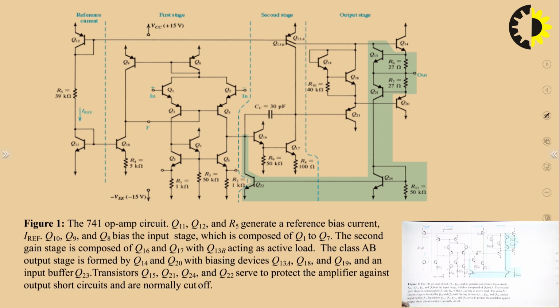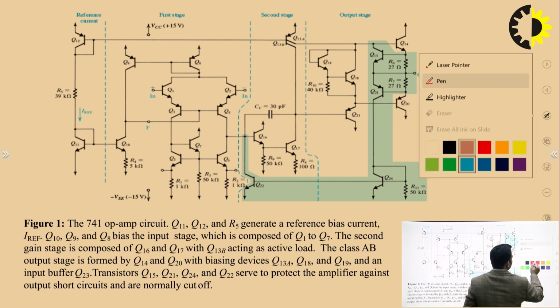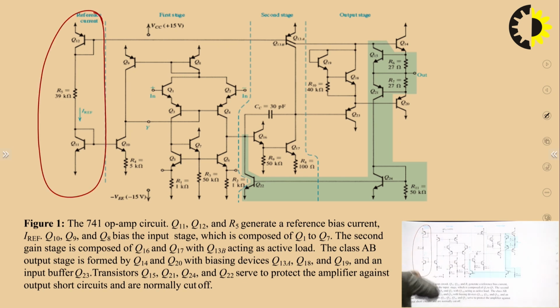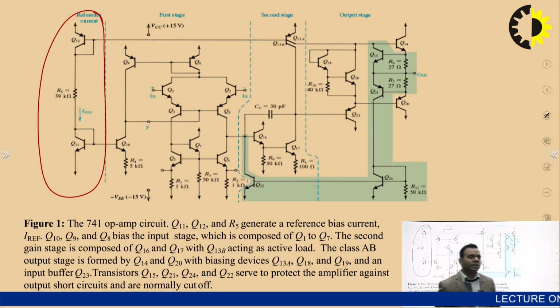You can see here there are various transistors like Q1, Q2, Q3, Q4, Q5, Q6, Q7, Q8, Q9, Q10, 11, 12, 13, 14, 15 and so on. So, let us see what the various stages are. If you look, you will come to know that this is the reference current generation stage. In this stage, reference current is generated.